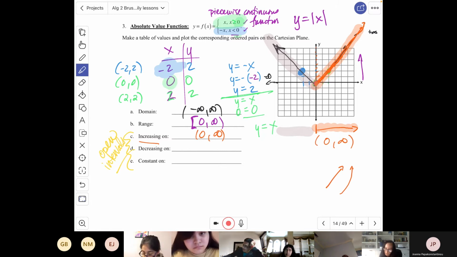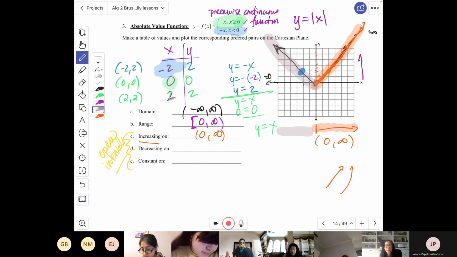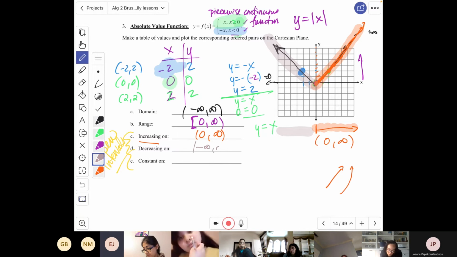Then can you tell me where is this function decreasing? Over what interval is this function decreasing? Anybody? Negative infinity to 0. Beautiful.